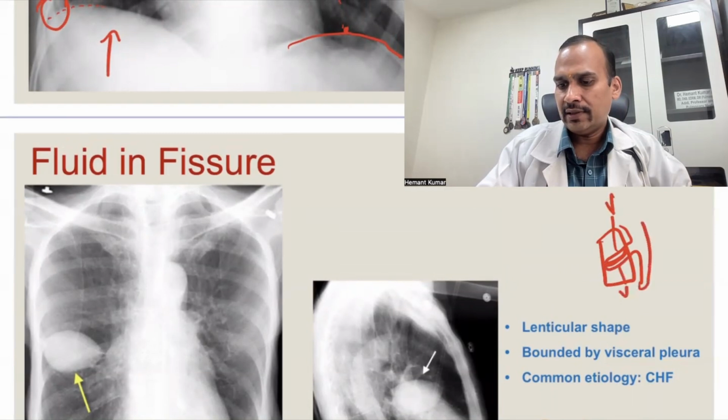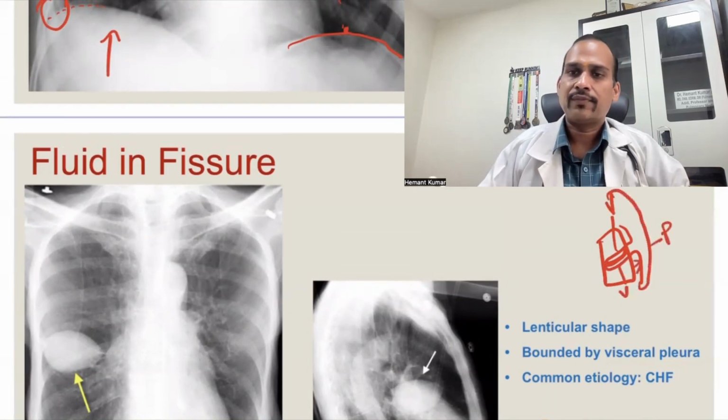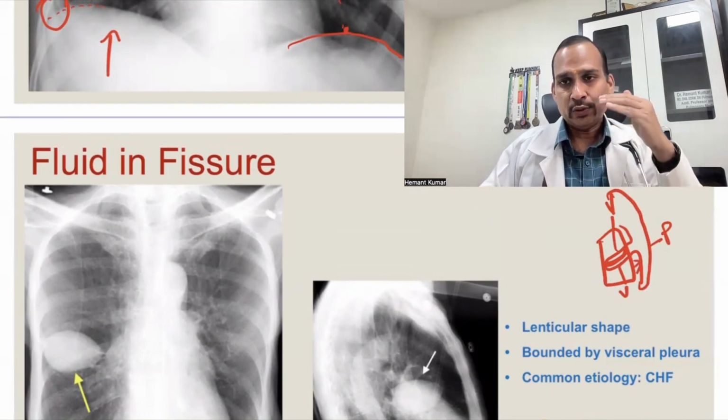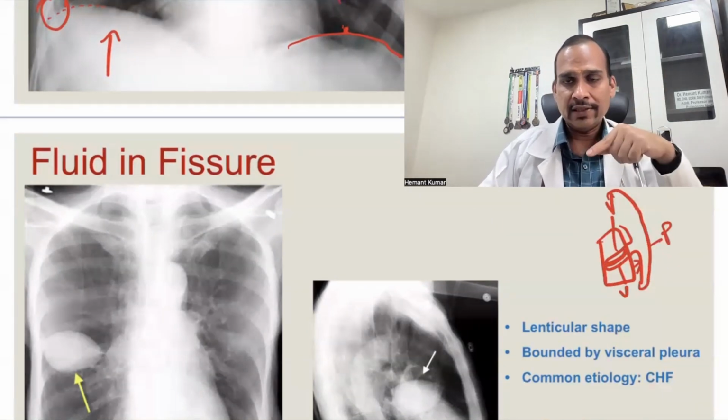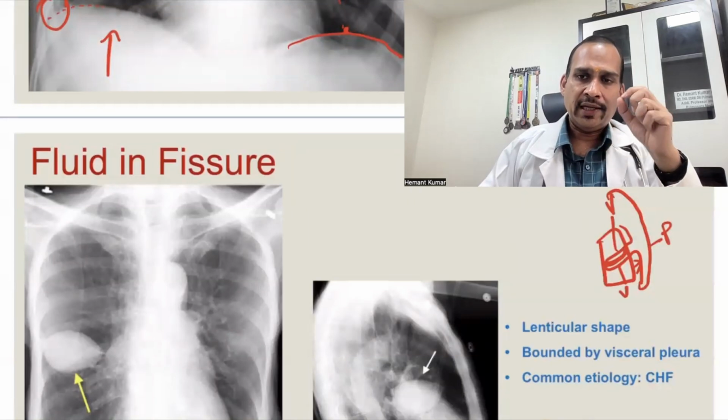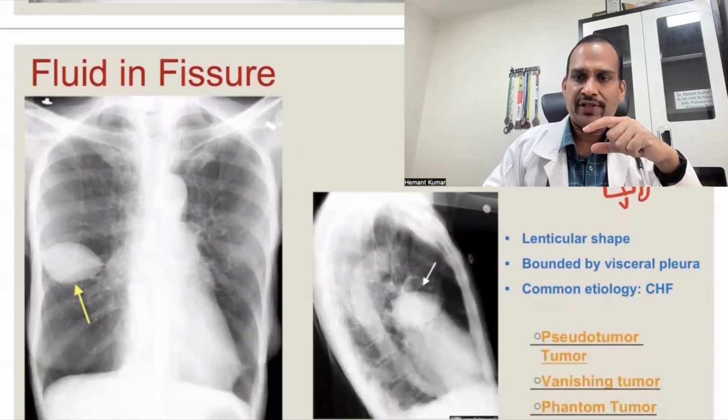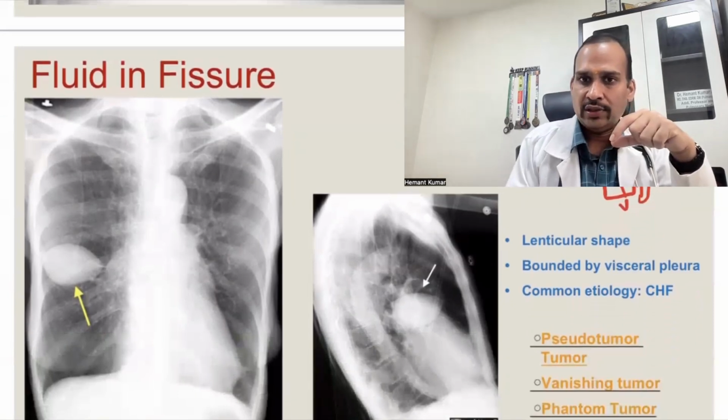Then this is parietal pleura. This is visceral pleura. So in a fissure, both layers are visceral pleura. So any fluid collection between these two layers is called fluid in fissure. So this is the fissure, these two layers.